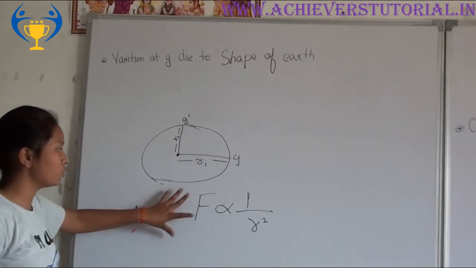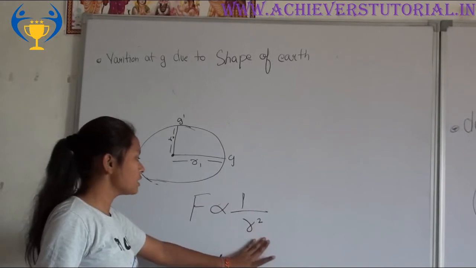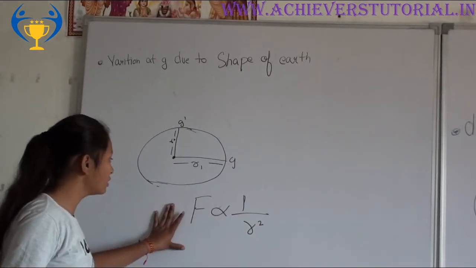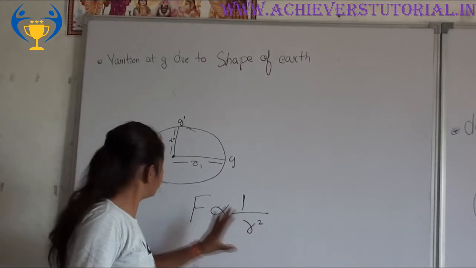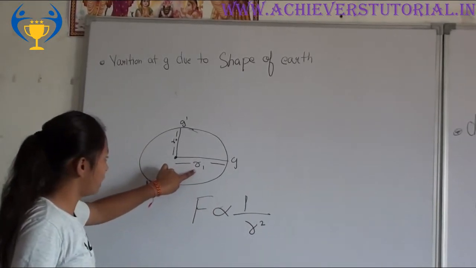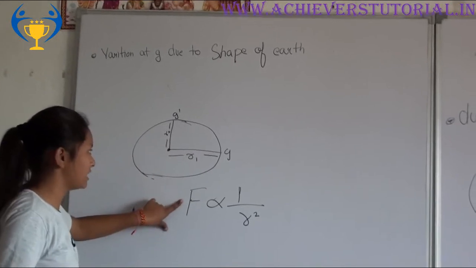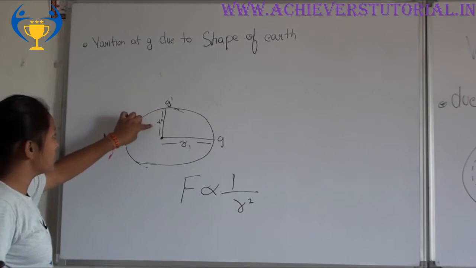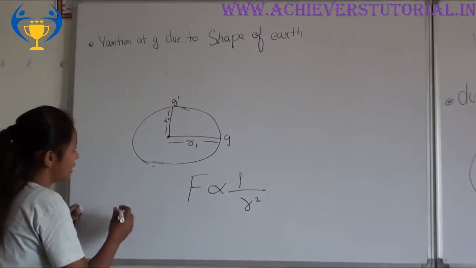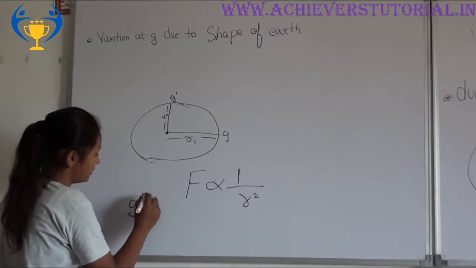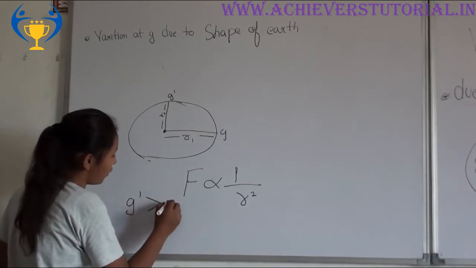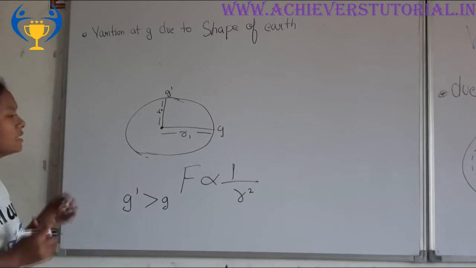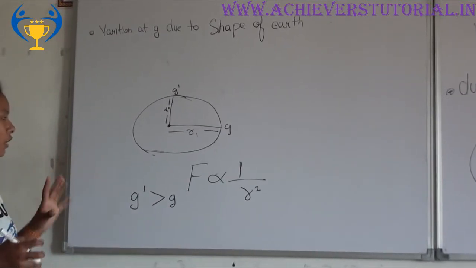It's just a conclusion that if F is inversely proportional to r square, the greater the r, the smaller the force, and the smaller the r, the greater the force. The r is greater at the equator, which means the force will decrease, and at the poles the r is smaller, which means the force will increase. It means the value of g at the poles is greater than the value of g at the equator. This is the variation due to shape of Earth.